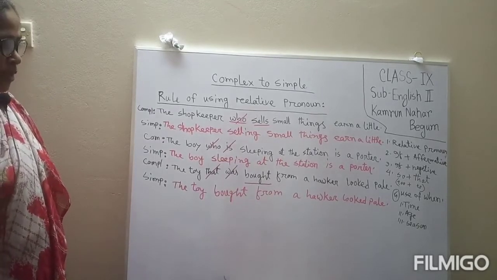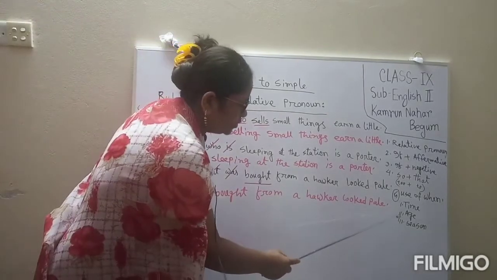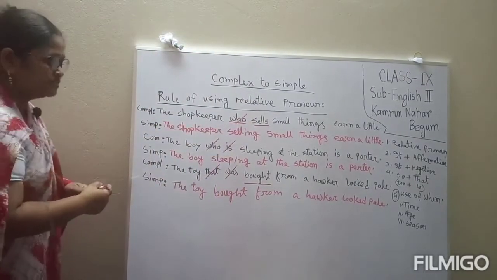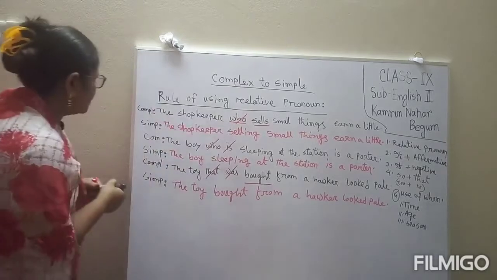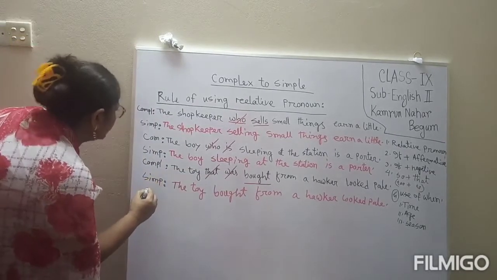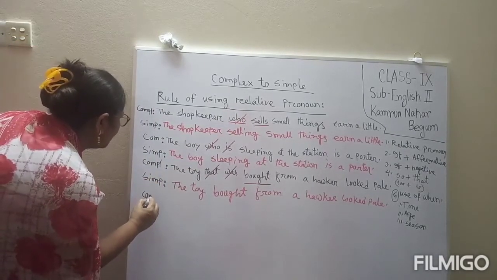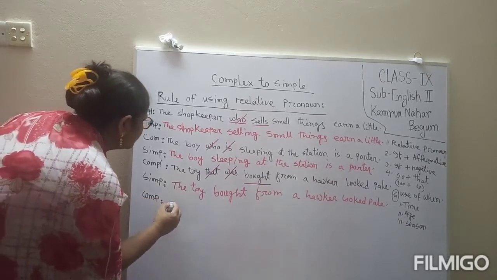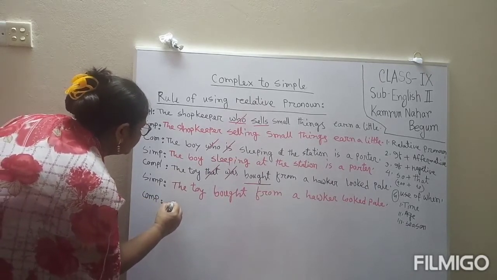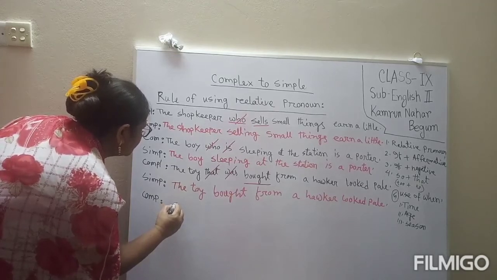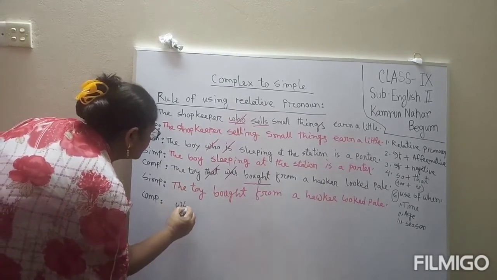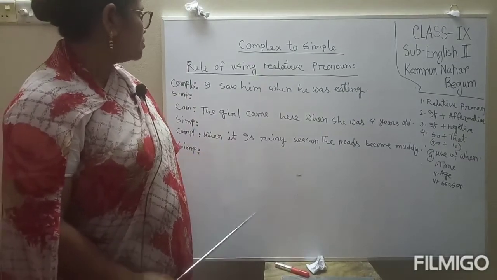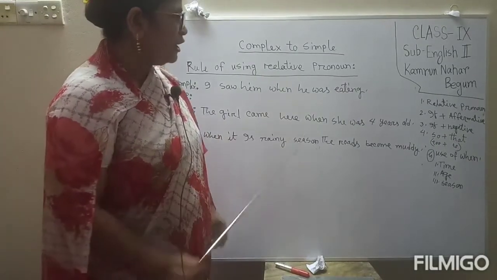Now we will know another relative pronoun using when. At first I am writing a complex sentence containing when. Dear students, you have known about the uses of relative pronoun.